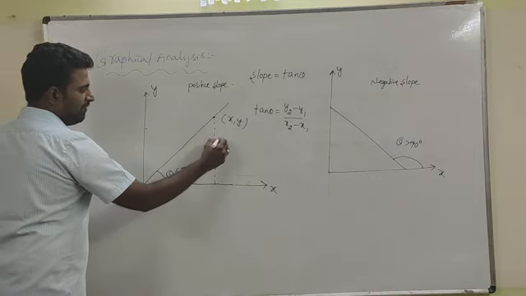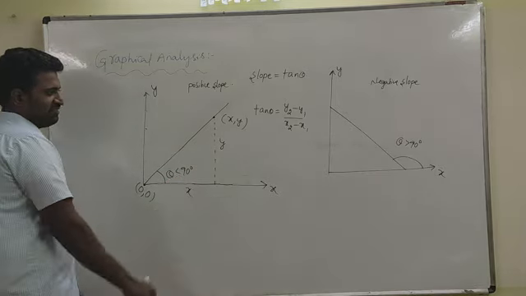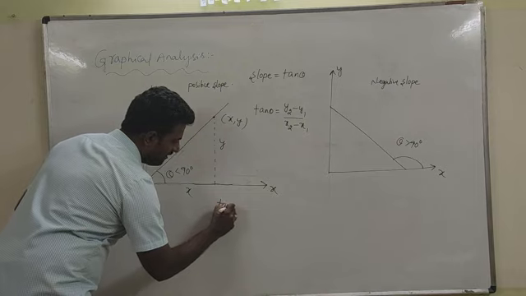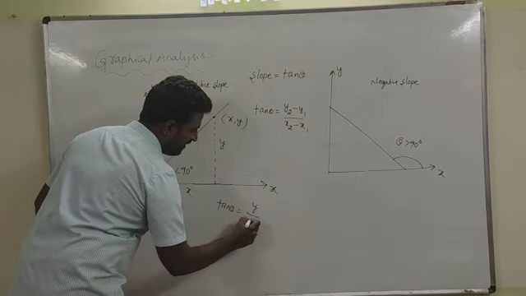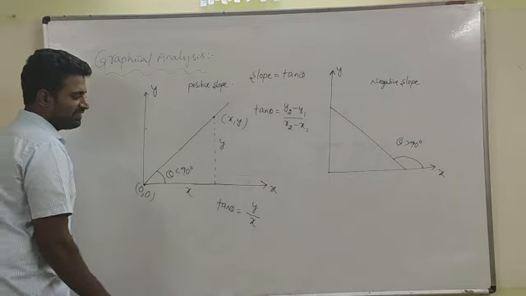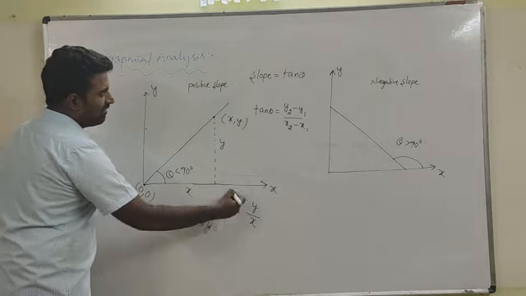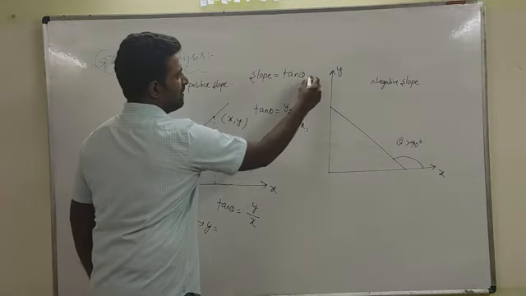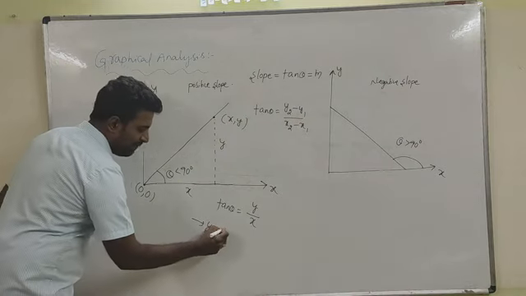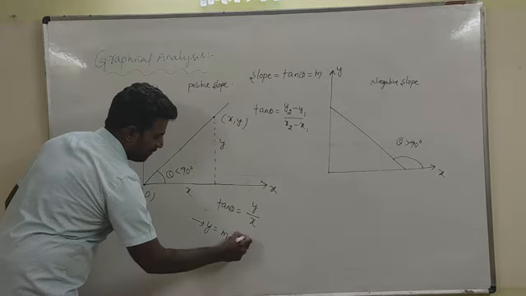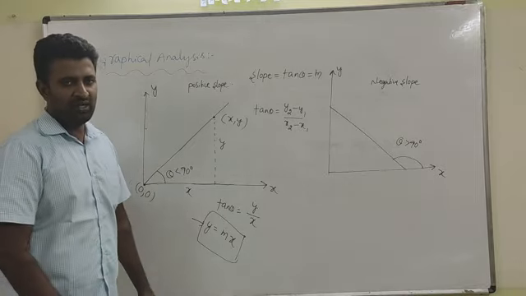This length will be y, this length will be x, implies tan theta will be equal to opposite side y divided by adjacent side x, implies y will be equal to tan theta, which is a slope, will be represented with the help of a letter m. So y will be equal to mx is the graphical equation for this particular graph.